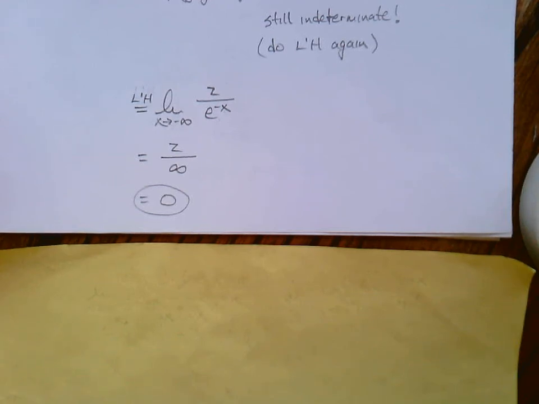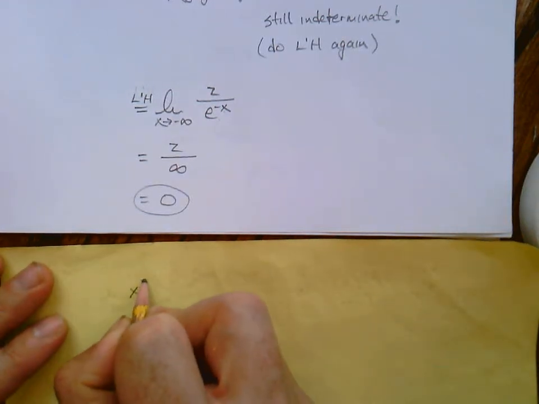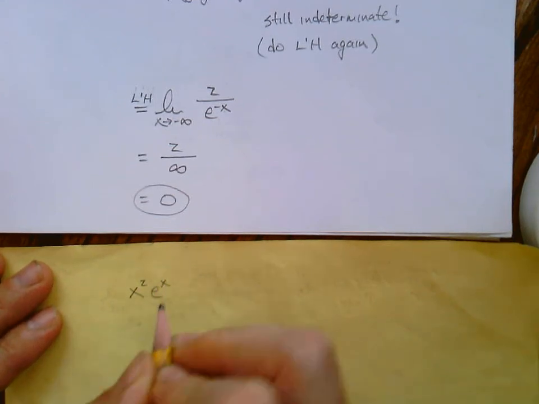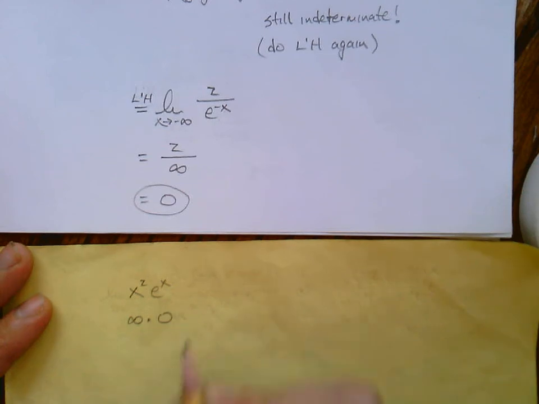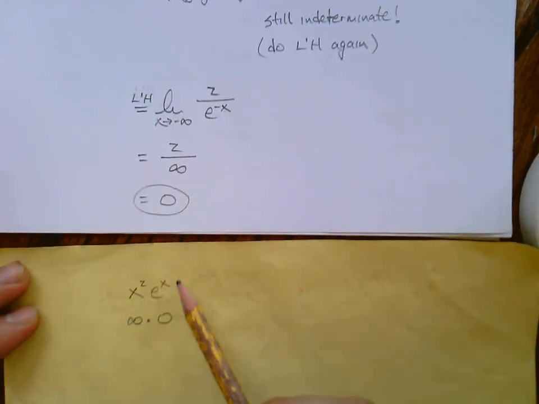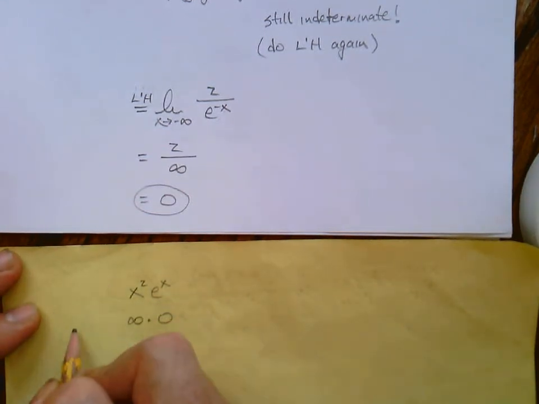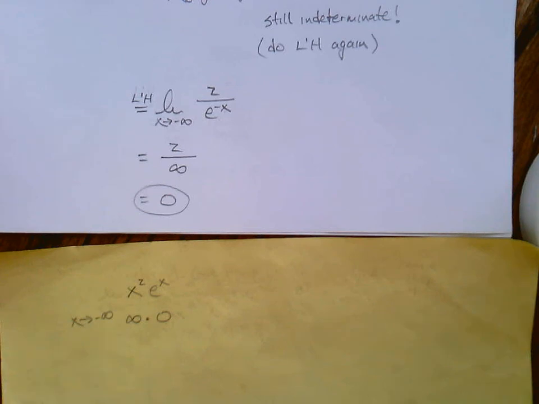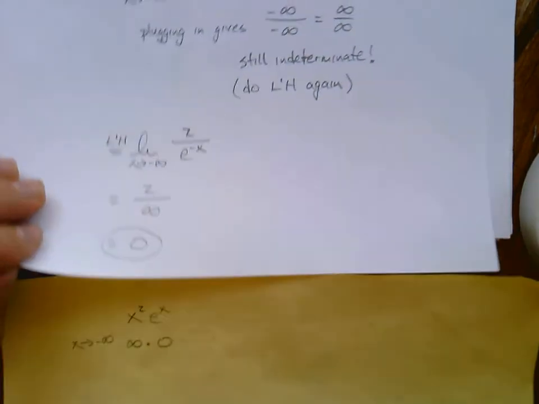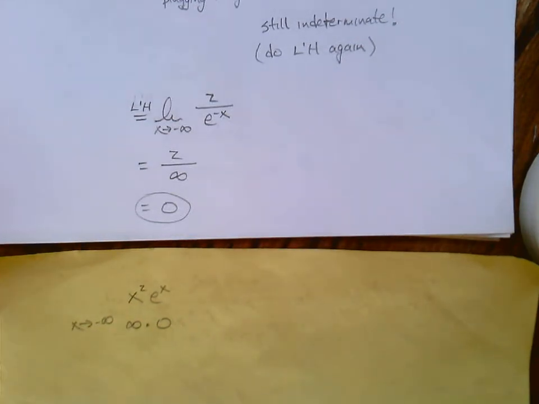And if you think back to the original question, where we had x squared e to the x, as x approached negative infinity, it was infinity times 0. Well, who won this time? Still the e won. The e still won. We got 0 as our answer. Oh, wow. Okay, let's take a break here. We've got just one more example in the next one.